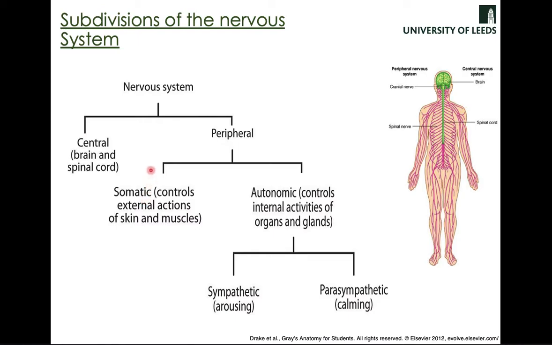This is in opposition to the other division of the peripheral nervous system, the autonomic nervous system, which is under involuntary control. It controls the activities of our internal environment, such as our organs, our smooth muscle, and our glands. And we have the sympathetic and parasympathetic divisions within it.